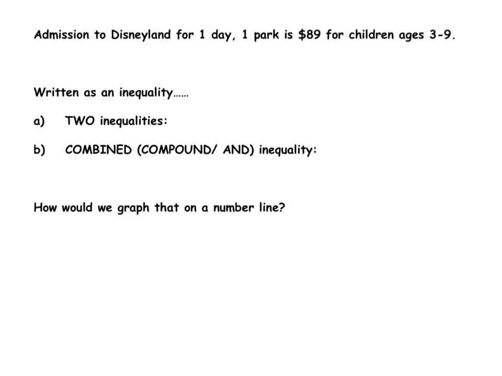So, with this, ages 3 through 9, I have a certain boundary. Between 3 and 9, that's when children can get in at the children's reduced rate of $89. So, we need to write this as an inequality. And what I mean is I want to talk about the age 3 and then the age 9, because obviously in between is included.